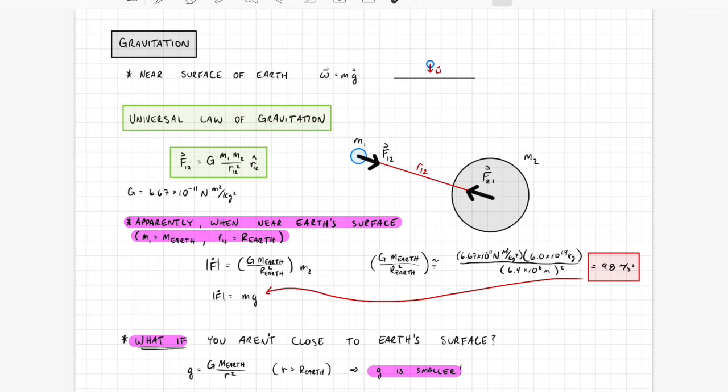Now, little g comes from the fact that the universal gravitational constant G multiplied by the mass of the Earth divided by the radius of the Earth squared. Right? That's where little g comes from.